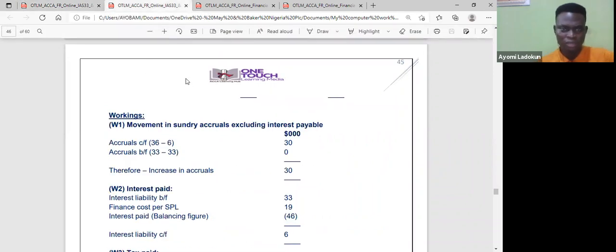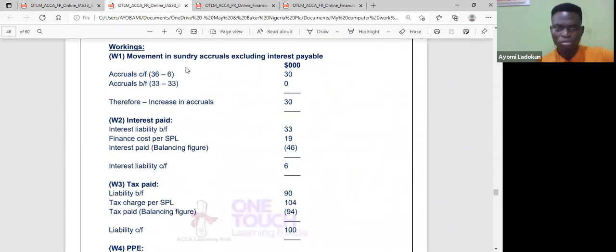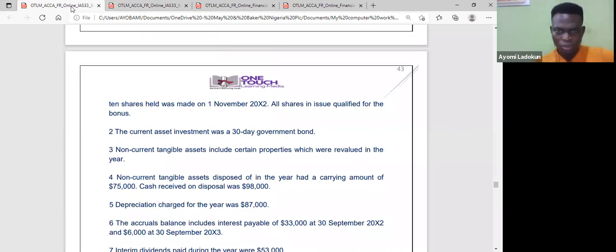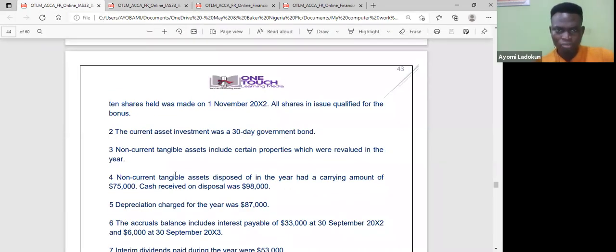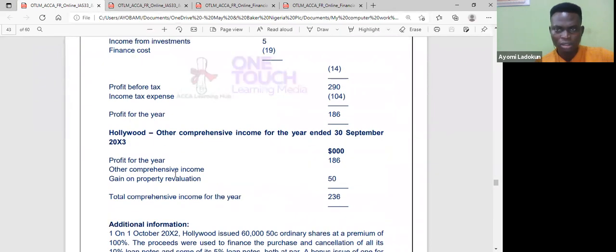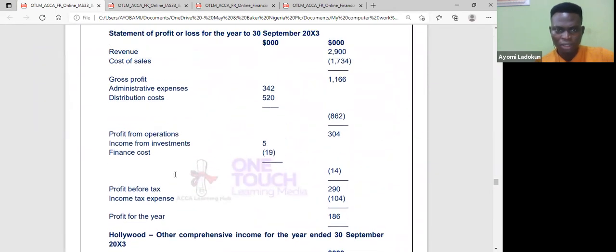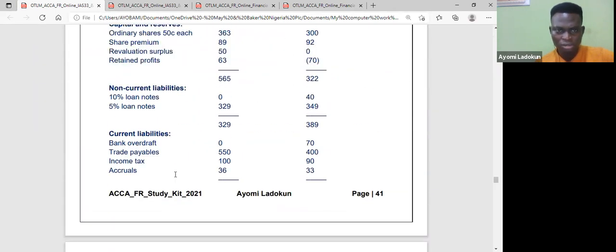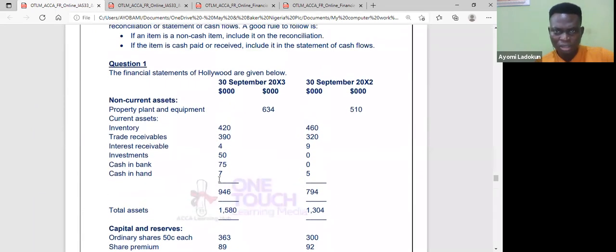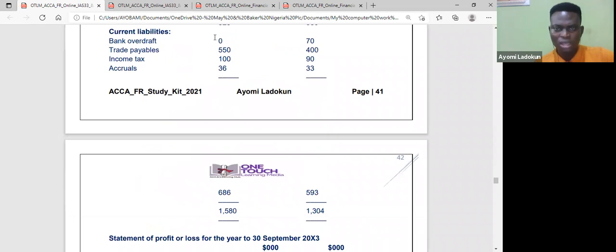So let's find out. So now, you do your movement in accrual. In your accrual, that's the interest paid. So what happens here? Let's look at the question. You go to your balance sheet to check for accruals. Can you see now? This year I have 36 and I have 33 last year.